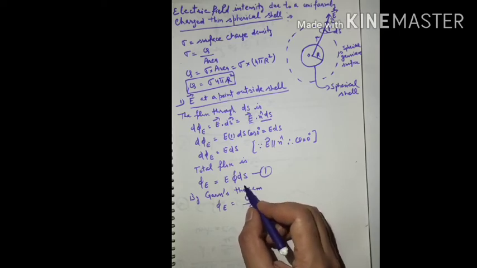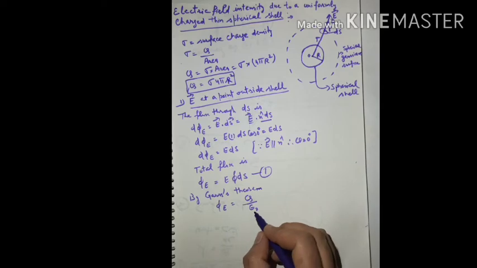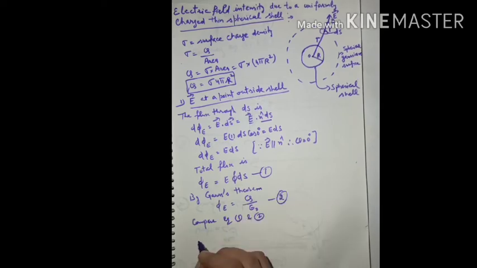We always calculate flux two ways: one from the expression, and one directly by applying the Gauss theorem. Comparing equation number 1 and 2, the left side is equal, so the right side will also be equal. So from here, E times the integration over the closed surface ds is equal to q by epsilon naught.